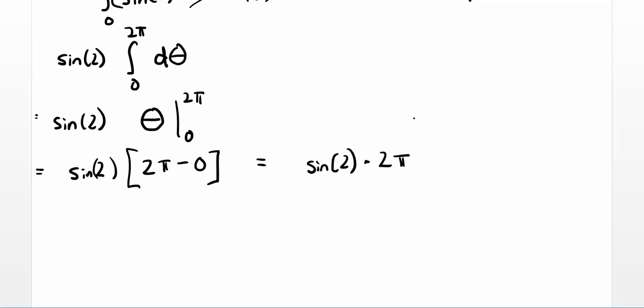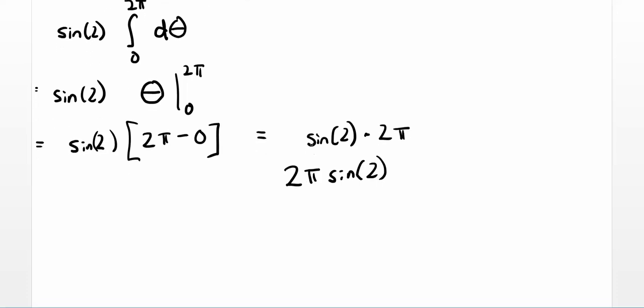Don't try to say this is 4 pi because it's not. It's just 2 pi sine of 2. Weird number, but it's not a unit circle value, so you just leave it there. And that is our integral. Next problem.